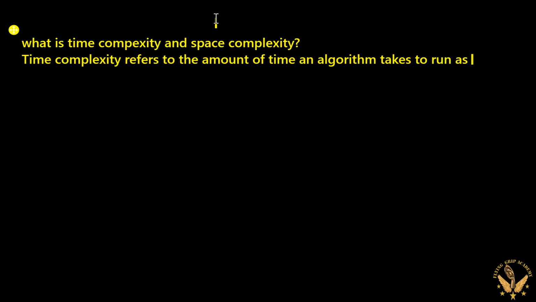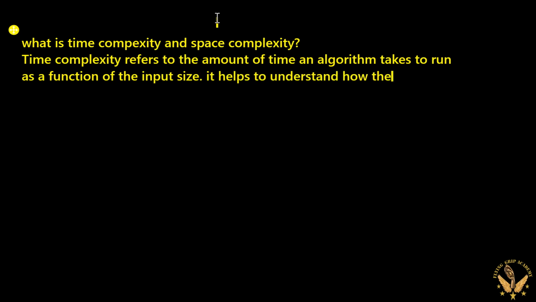It is usually expressed using notations like big O of n, big O of n log n, etc. Basically, a time complexity example is RAM. So, how much time is taken to execute the program.